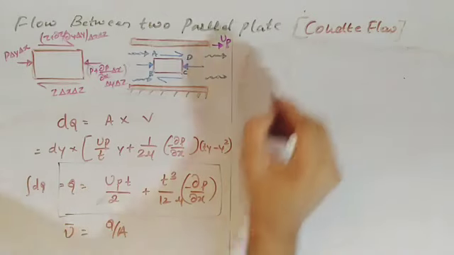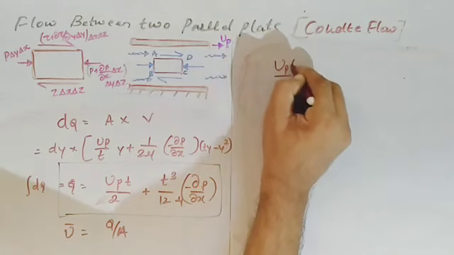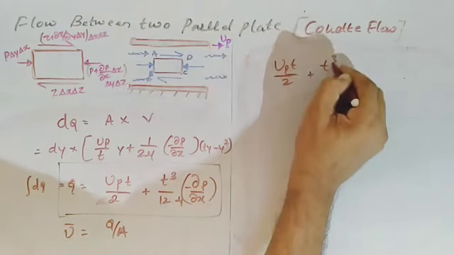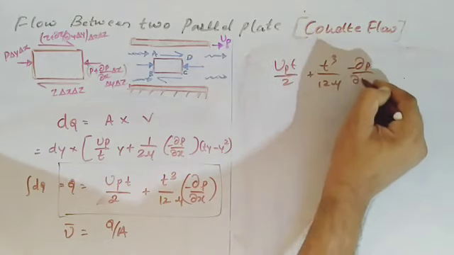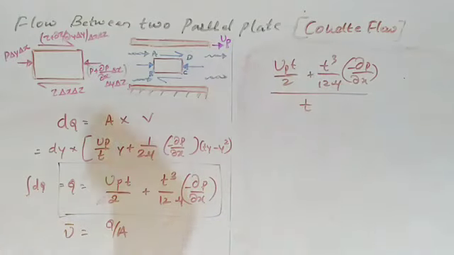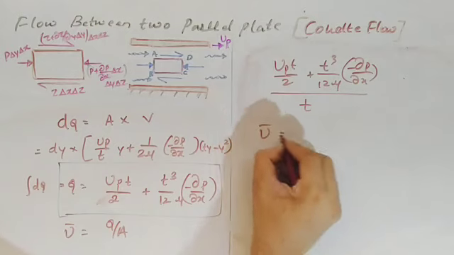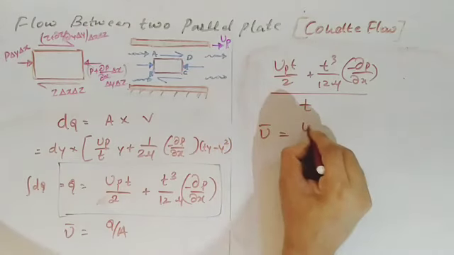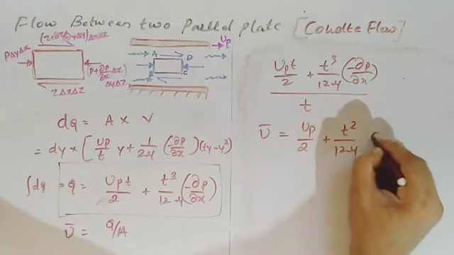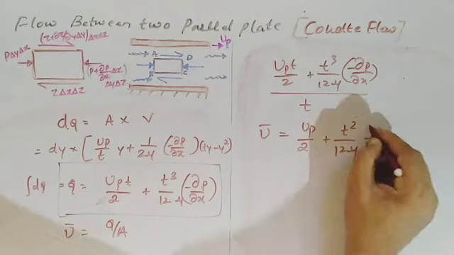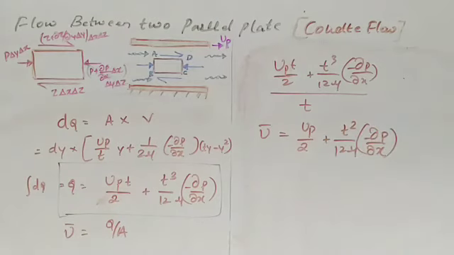Now q is u_p t divided by 2 plus t cube by 12 mu into minus dou p by dou x, divided by area, which is t into unit thickness, the cross section I will consider. So the u bar, that is average velocity, will be u_p divided by 2 plus t square divided by 12 mu into minus dou p by dou x.